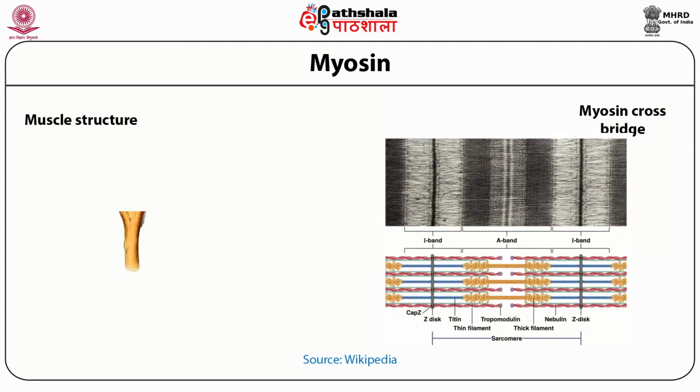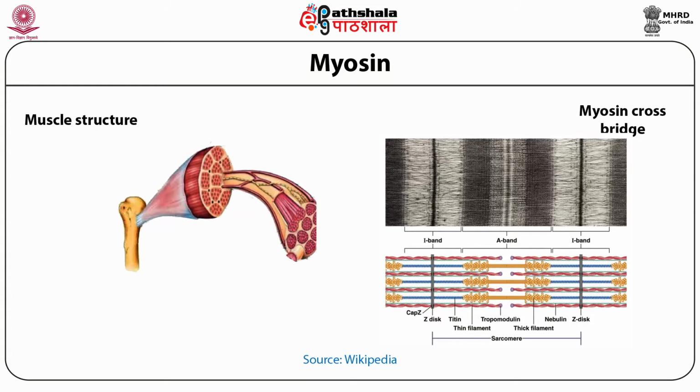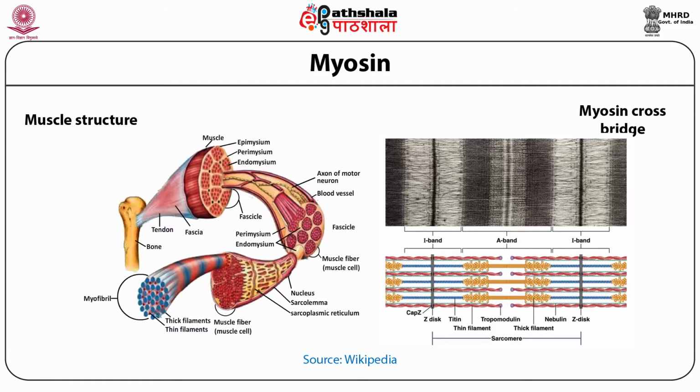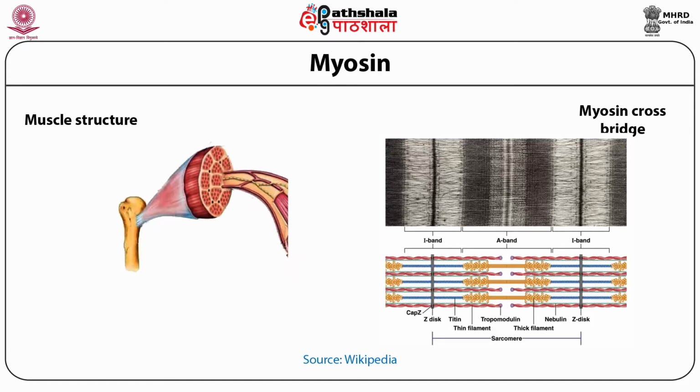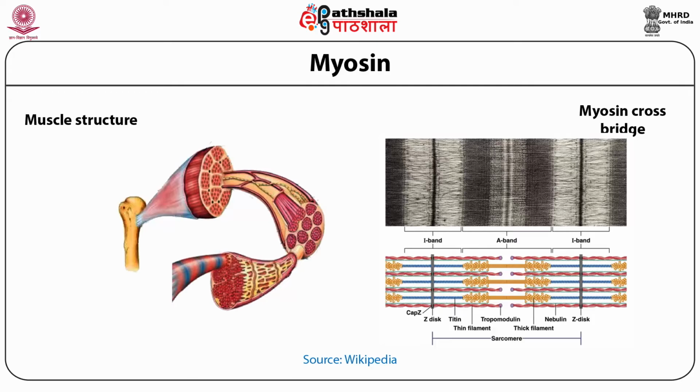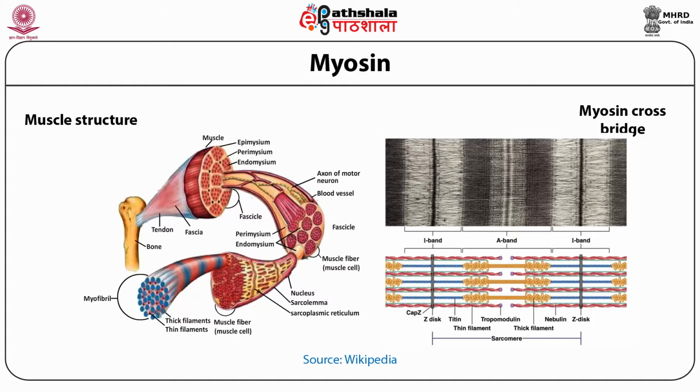Now we move to another protein of the muscle or cytoskeleton, myosin. The easiest example is the muscle structure. If you take out a single muscle fiber and look at it under electron microscopy, you can see the light bands and the dark bands.